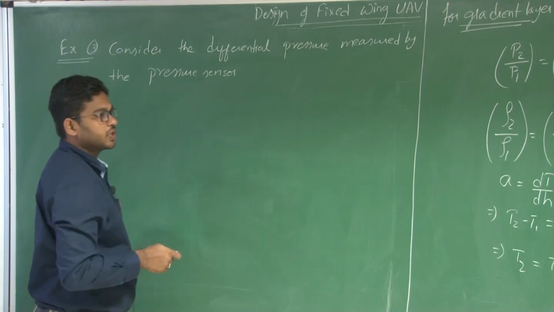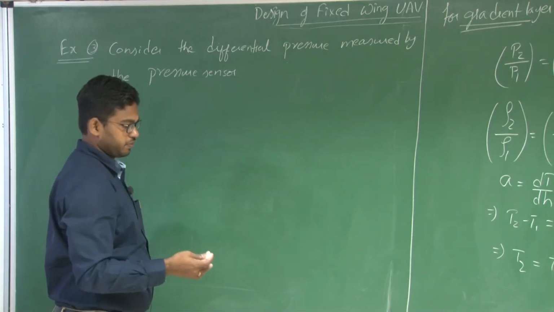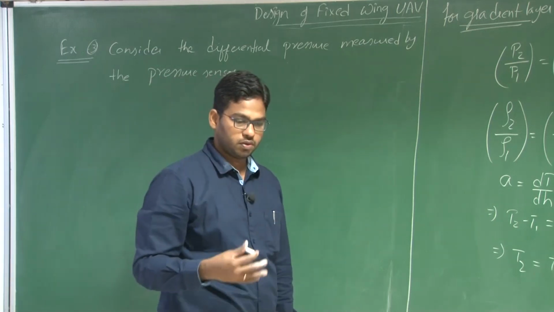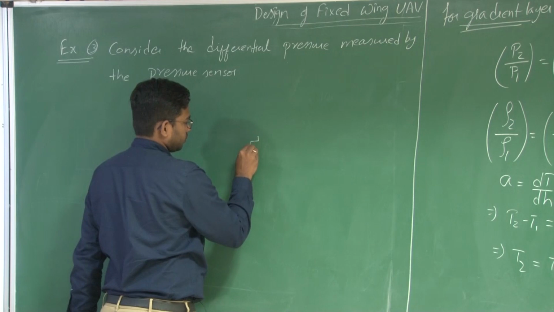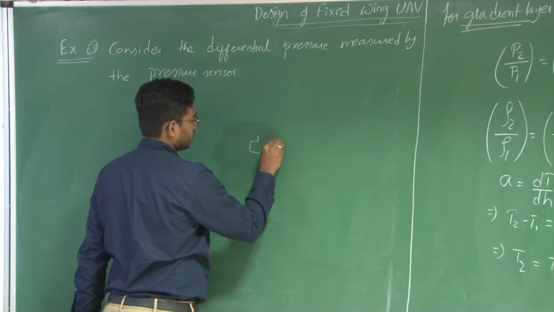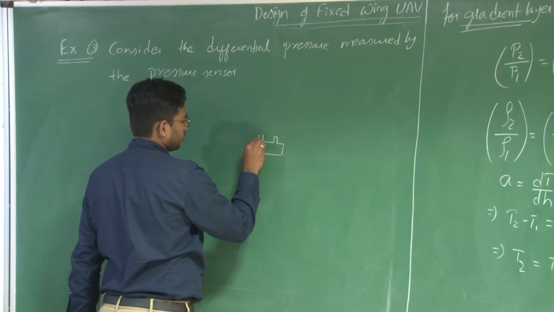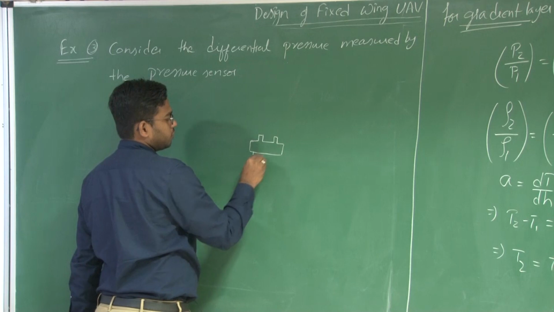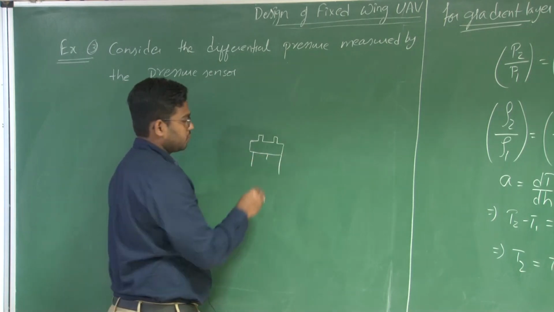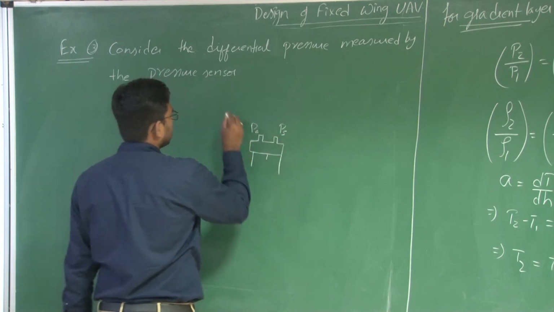So, in some cases we can also have differential pressure sensors. Instead of measuring pressure separately from the pitot tube and static tube, you can connect to a differential pressure sensor. One port can be P naught, the other can be PS.